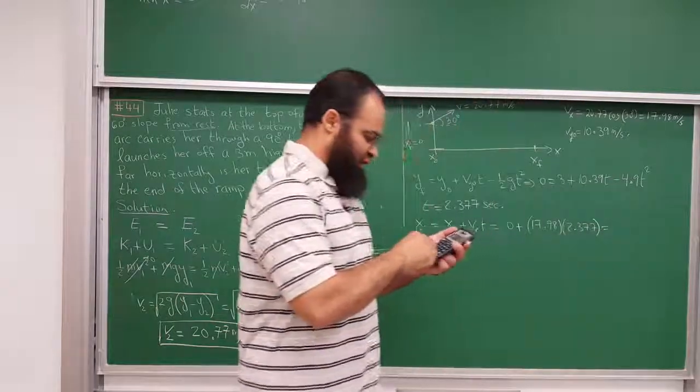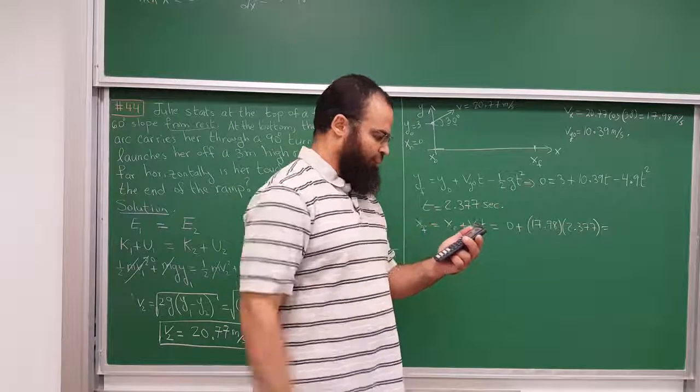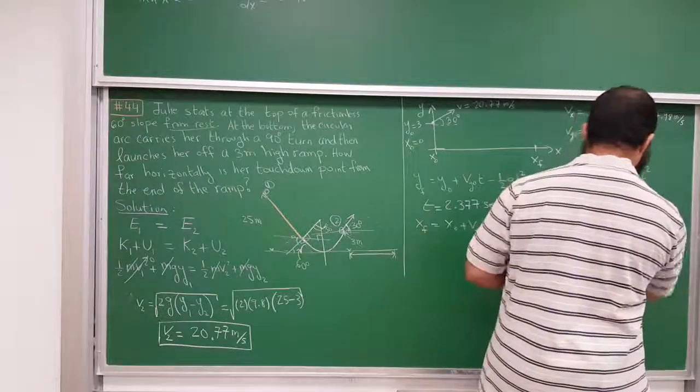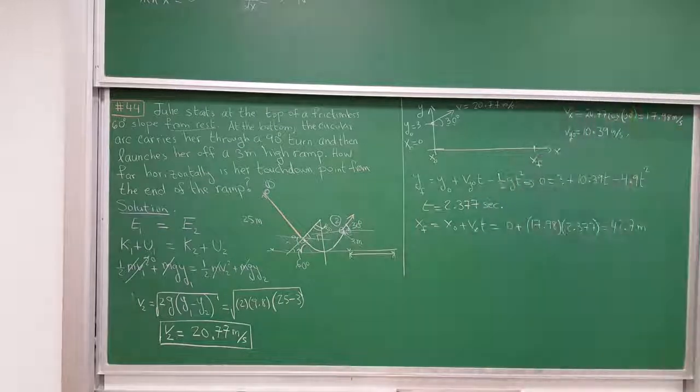So 17.98 times 2.377 equals 42.74, so 42.7 approximately meters. Let me just double check if I have everything correct. Yes, according to the book, it was approximated to be 43, so 42.77.